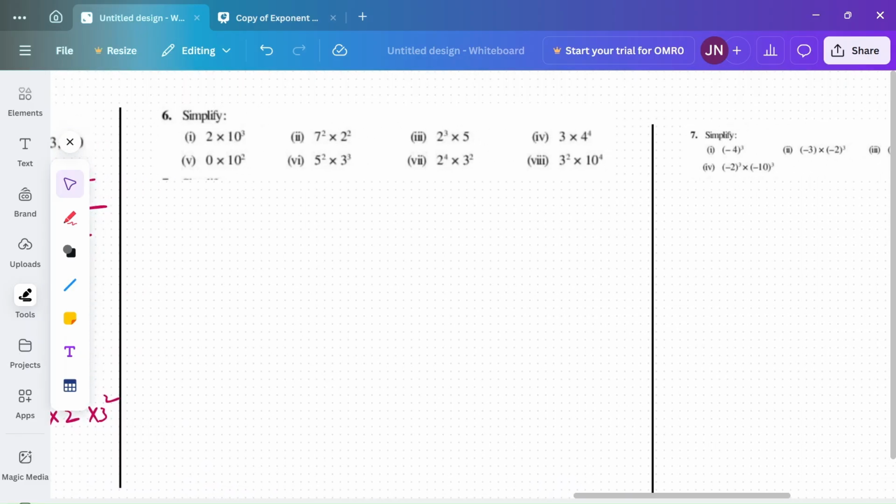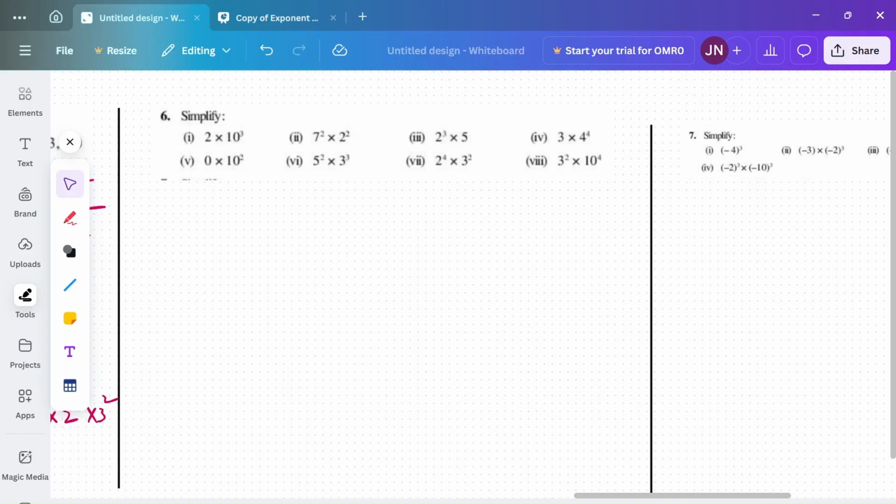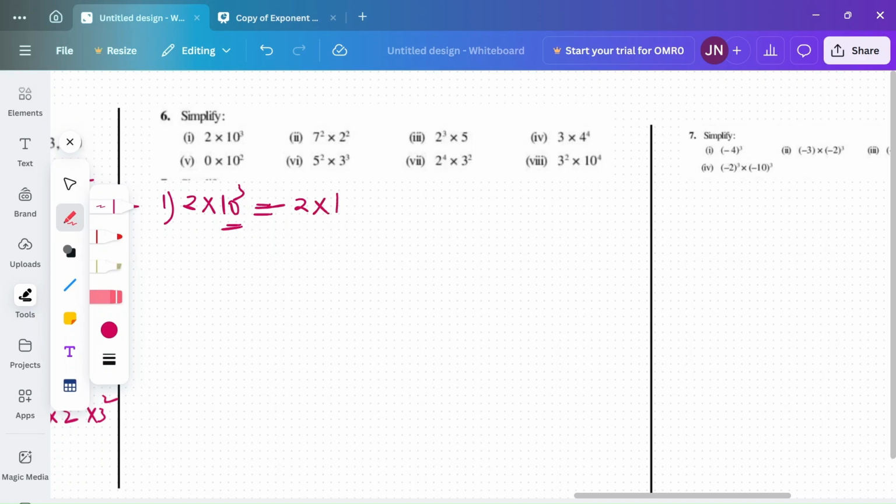The next question, okay, simplify. Now simplification is pretty easy. All you have to do is just expand and solve. So let's start with the first one, 2 times 10 raised to the power 3. This is again a very easy concept.